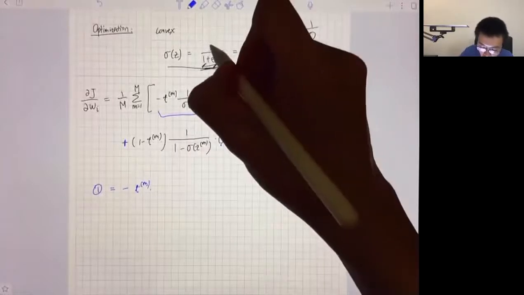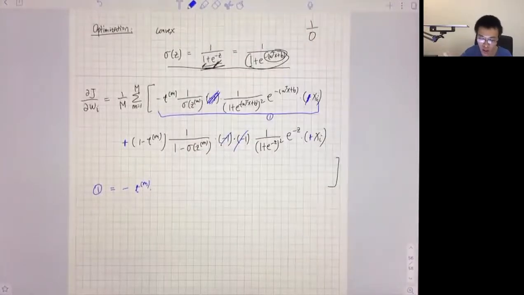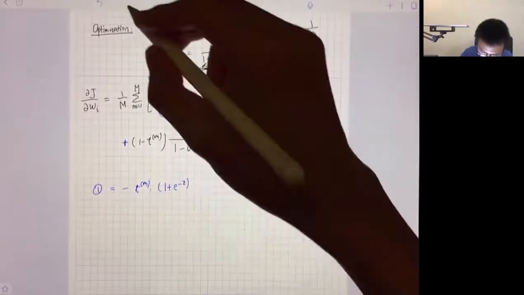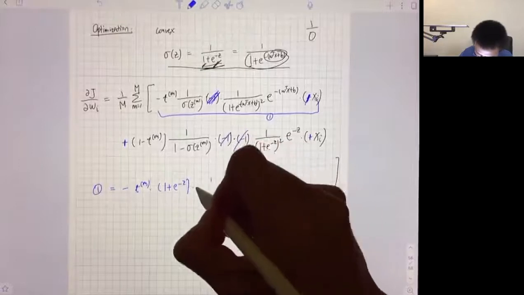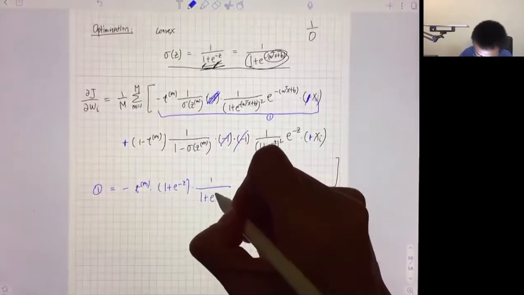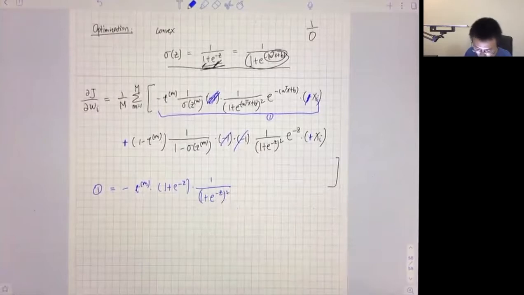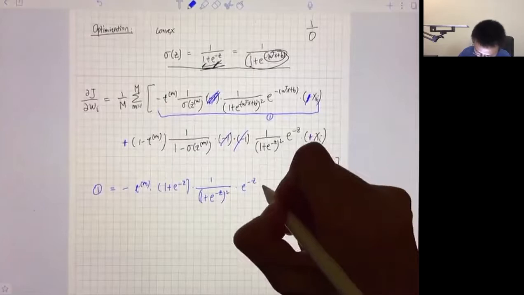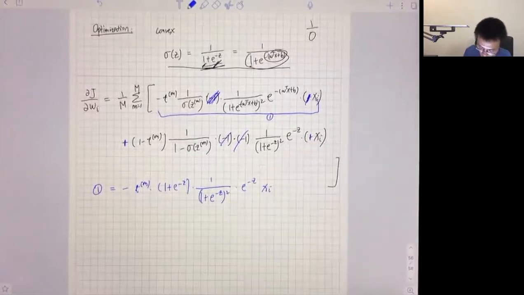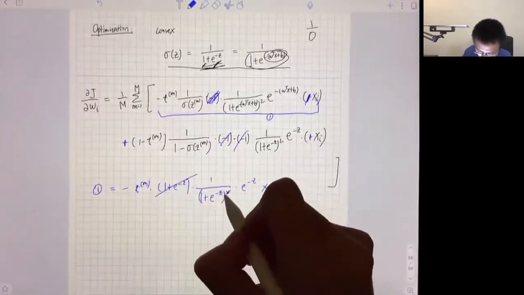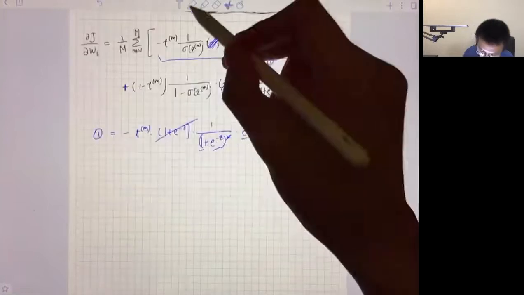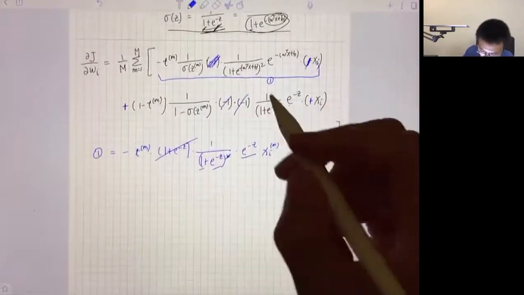But I know sigma is 1 over something, so 1 over sigma is something. It's just 1 plus e to the minus z, times 1 plus e to the minus z squared. Very good, I can cancel 1. So times e to the minus z x_i, right? So I can cancel one term here. I'm almost fine with the first term.